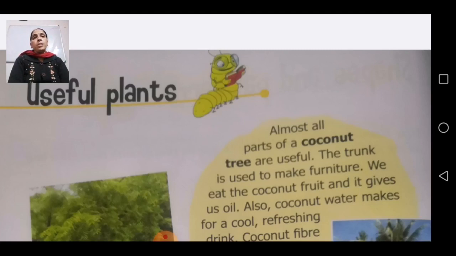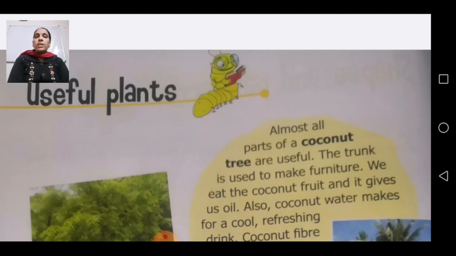Useful means the plants which have more than one use, and these plants are found at home, and we can use these plants for different purposes. Today these plants are related to medicinal uses, household uses, and many more things.